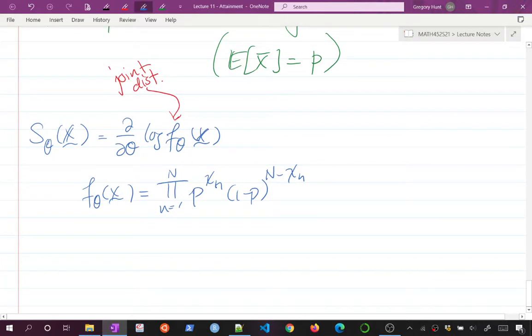And so that's f theta, and log f theta is, so the product turns into a sum, right? This is kind of how logs work. Products turn into sums, and then we push the log through to the inner part here. Let me just write it out. I'll do it in a couple steps.